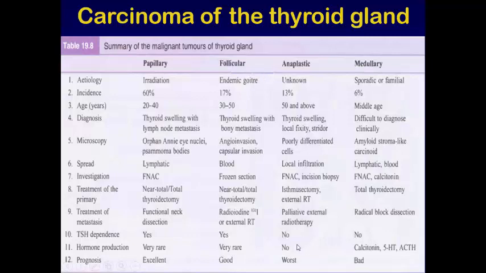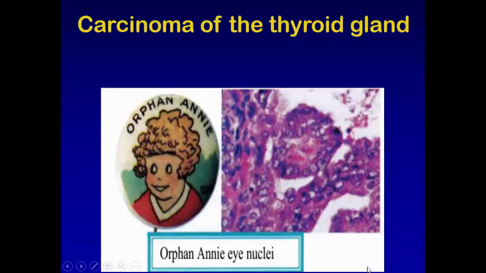There is no hormonal production in anaplastic, while in medullary there will be secretion of calcitonin, 5-hydroxytryptamine and ACTH. Regarding the prognosis, it is excellent with treatment in papillary carcinoma. It is good in follicular carcinoma. It is the worst in anaplastic and bad in medullary carcinoma.